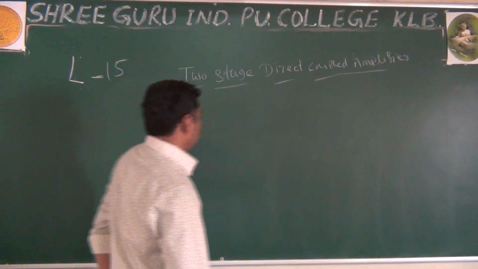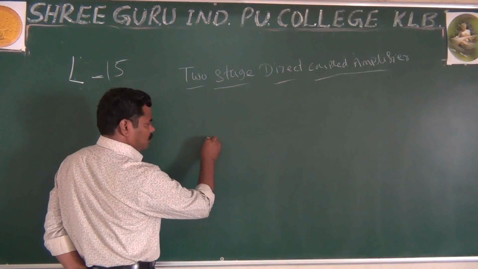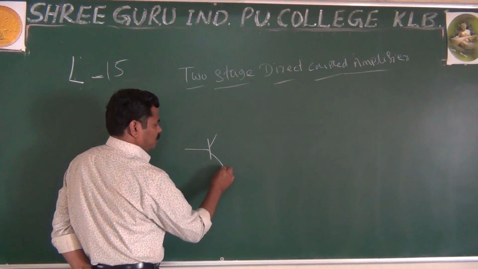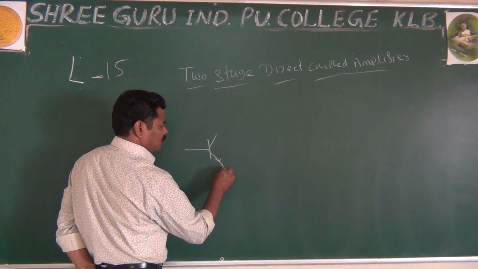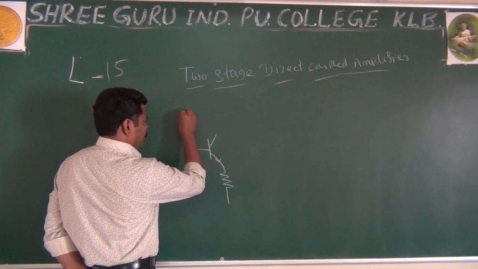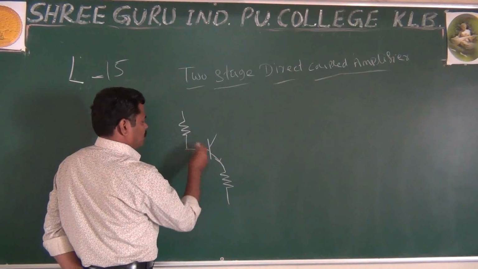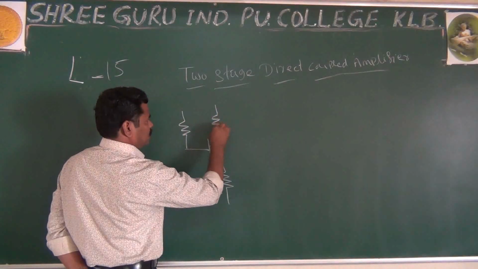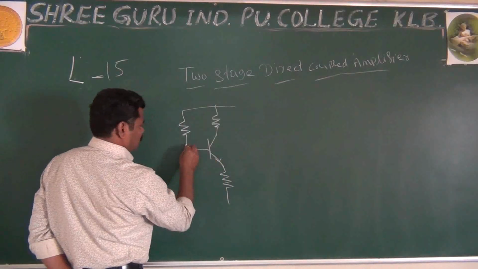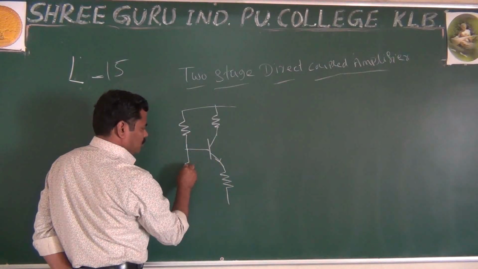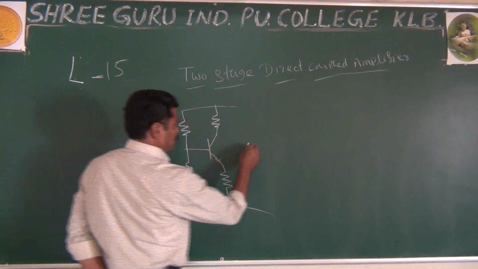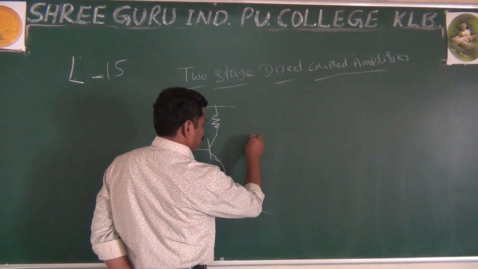Now we go for the diagram. It is very simple because you already studied the CE amplifier. Only thing, you are not connecting any capacitors in between the stages, and you are using the common emitter configuration.